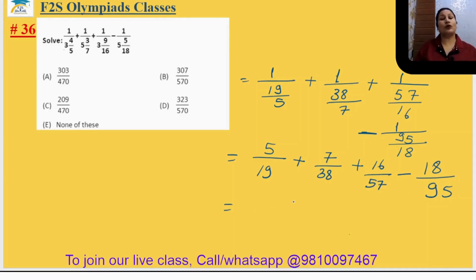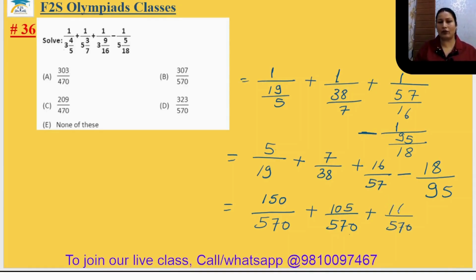Now we have to find the LCM of these numbers. So the LCM of these numbers will be 570. So we have to make all the denominators 570. So to make 570, this numerator will be 150 plus 570. This numerator will be 105 plus 570.